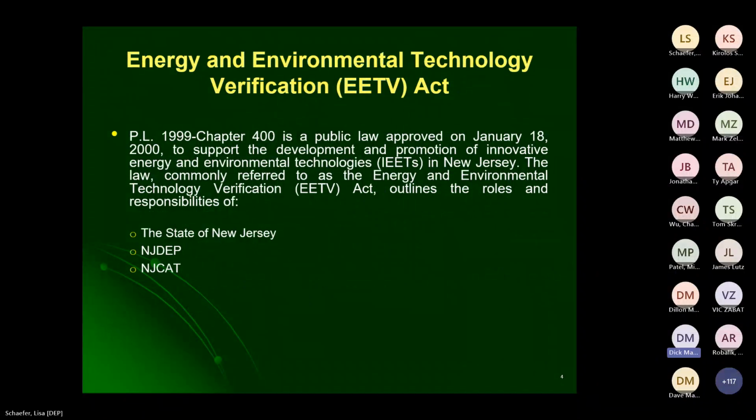Now, the Energy and Environmental Technology Verification Act, which became known under Public Law 1999, Chapter 400, commonly referred to as the EETV Act, approved and outlined the roles and responsibilities of the state of New Jersey, NJDEP, and NJCAT. And by the way, NJCAT was established in 1998. Next slide.